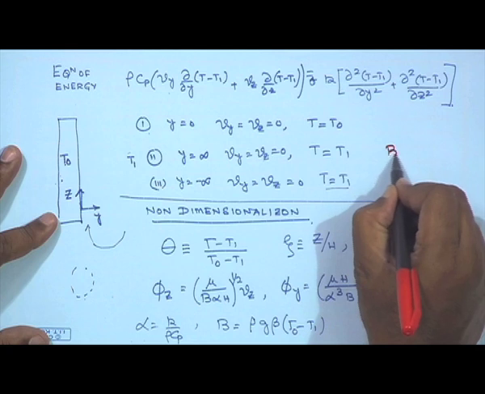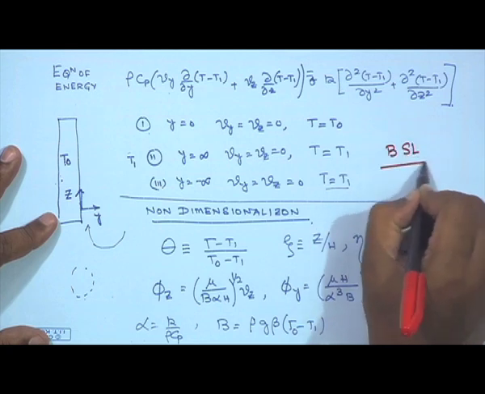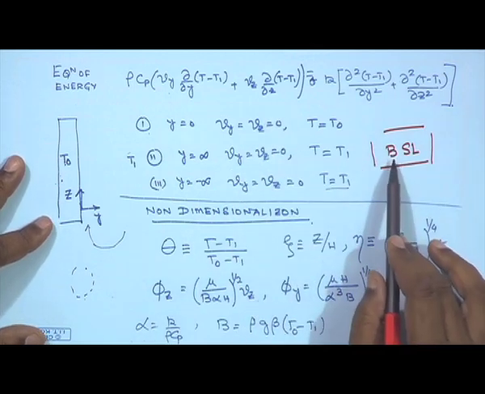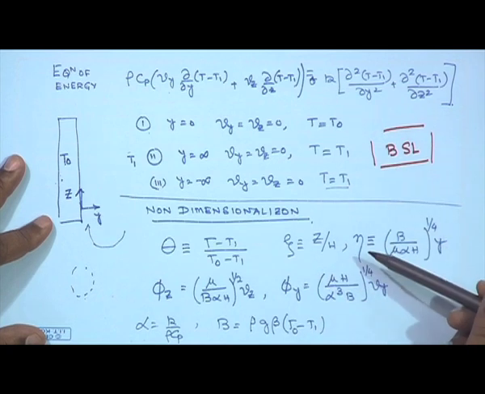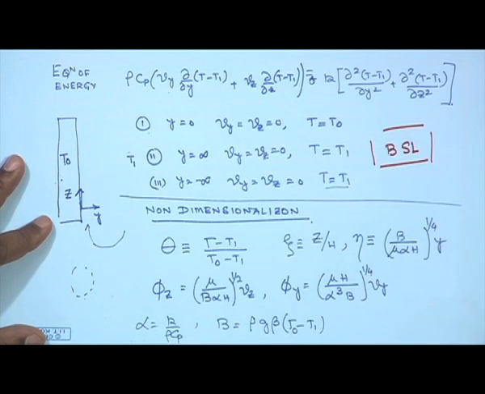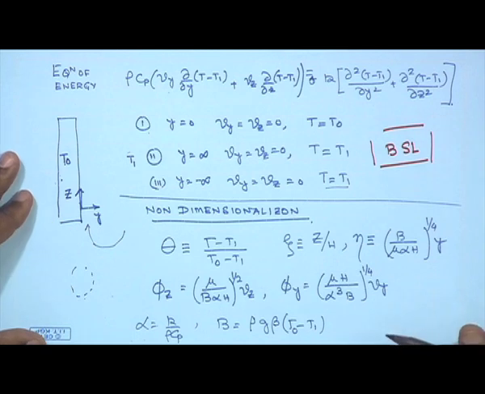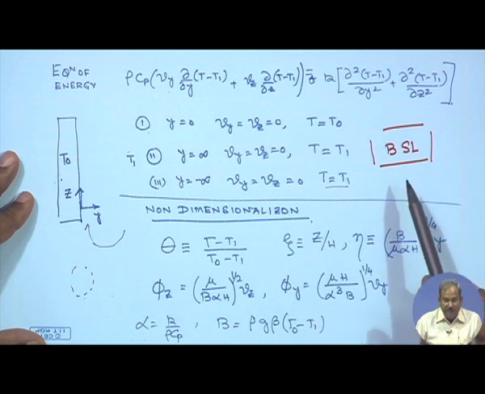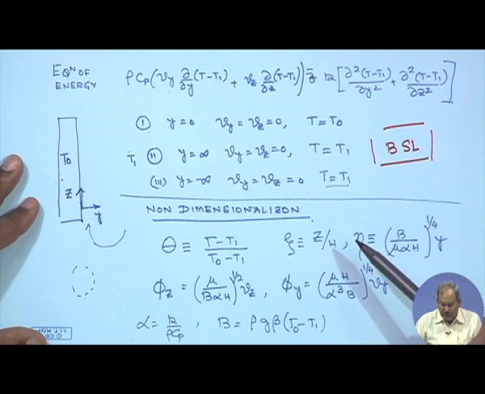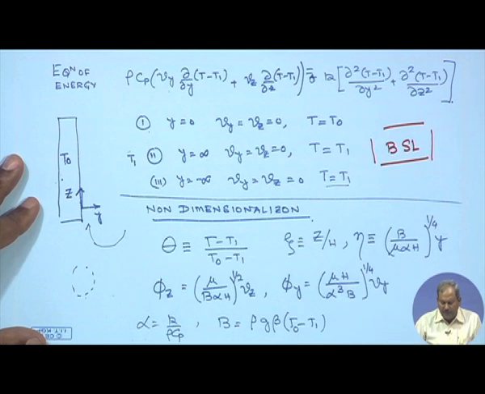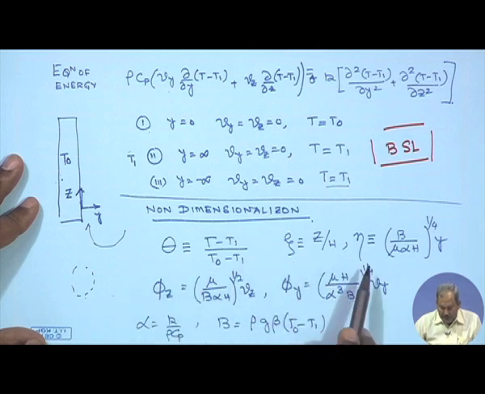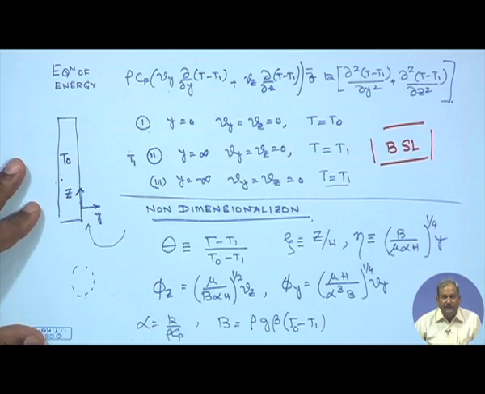Again, you can see the derivation and detailed treatment of this equation in your textbook of Bird, Stewart and Lightfoot. I would only discuss the salient features of the solution and the physical concepts involved. So, it is not important for you to memorize any of these. They are going to be there in the text, and if ever a problem comes in which you have to non-dimensionalize, the non-dimensional parameters would be specified in the problem.